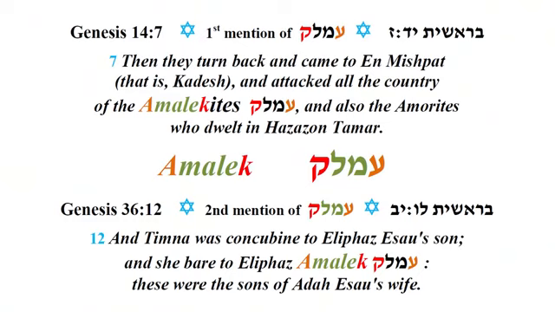I showed you the first mention of Amalek. The second mention of Amalek is in Genesis 36:12. And Timnah was concubine to Eliphaz, Esau's son, and she bare Eliphaz Amalek. These were the sons of Adah, Esau's wife. Okay, who was Eliphaz? You remember Jacob and Esau, right?